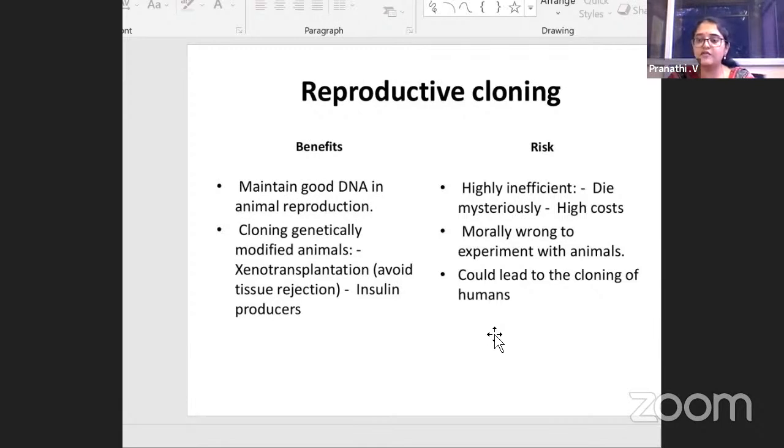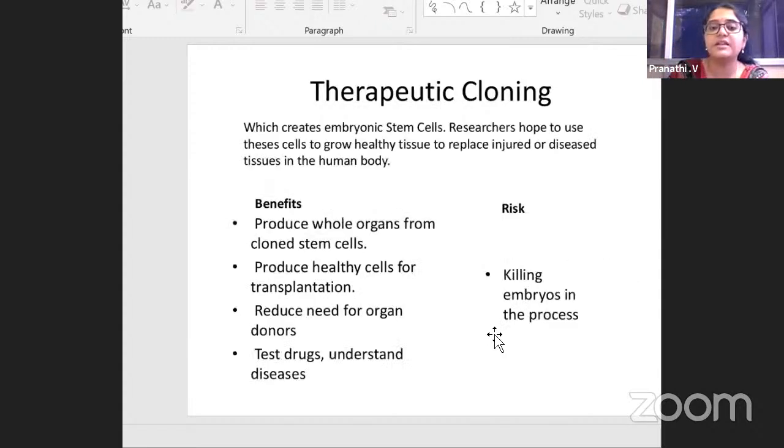Will the clone also be subjected to the same kind of pressure and the same kind of ailments? So yes, it is ethically and morally very questionable. That is the reason why we do not have much human cloning as such. You never know what is going to be there in the future anyway.